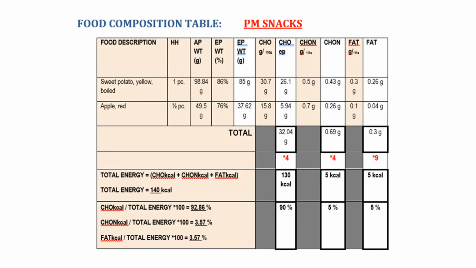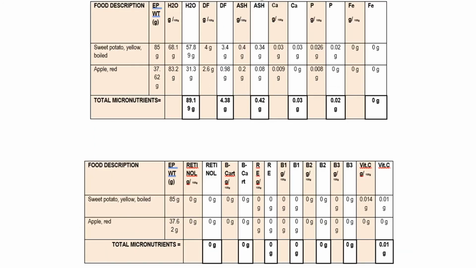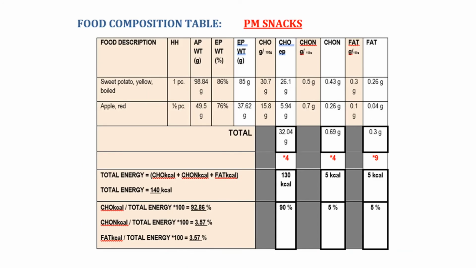For the PM Snacks food composition table, most of the values are based on the Philippine food composition table, except for the EP weight, which can be found in the food exchange list. Now we add up all the EP weights for the macronutrients and the micronutrients. For the macronutrients, the total EP weight for each is then multiplied with the respective physiological fuel value, 4 for carbohydrates and protein, and 9 for fats.